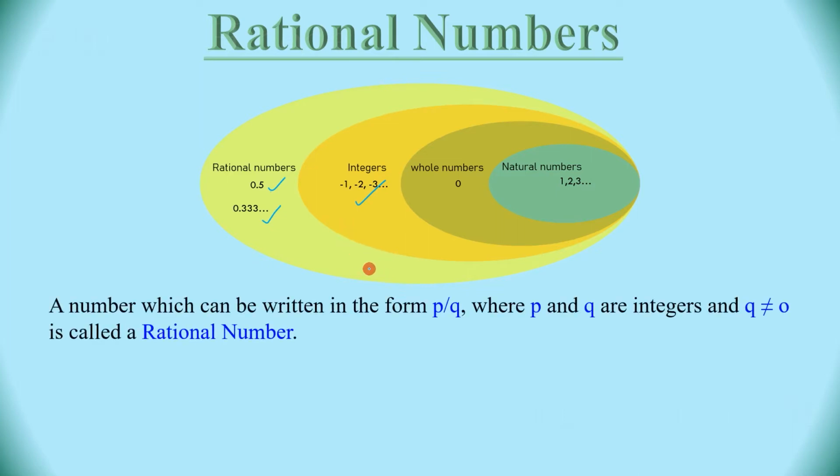That is, a number which can be written in the form p by q, where p and q are integers and q not equal to 0, is called a rational number. Minus 1 by 2, 5 by 7, 0, minus 3 and 9 are some examples.